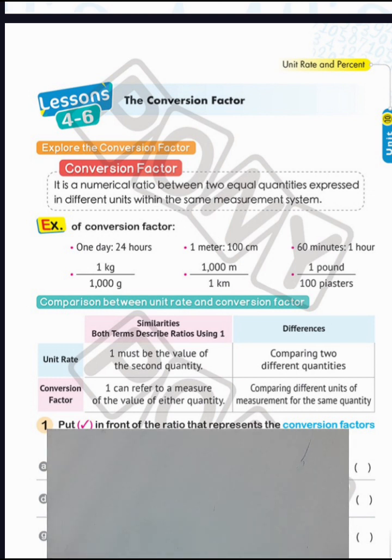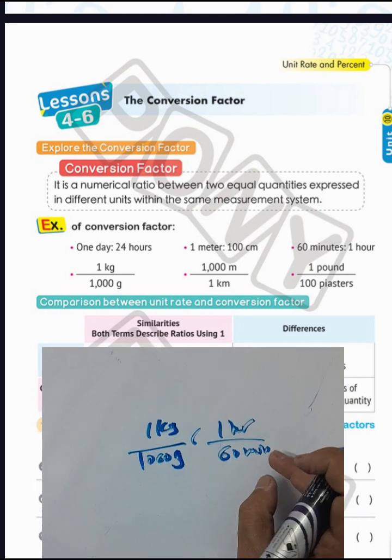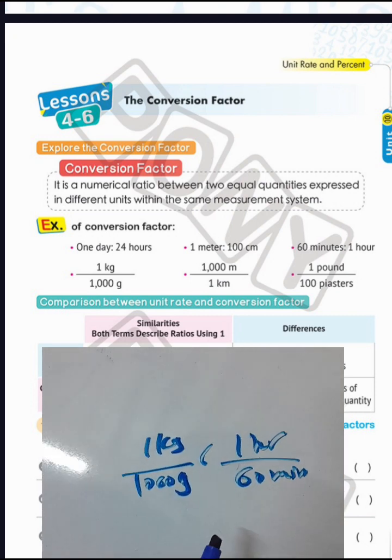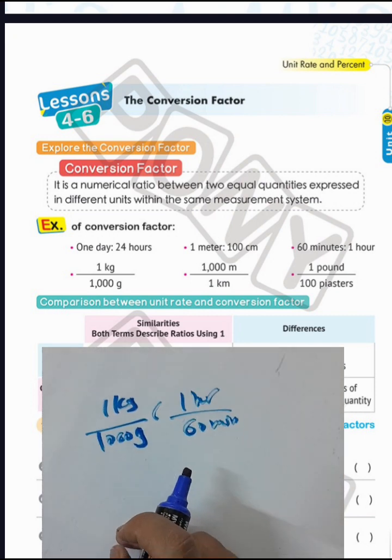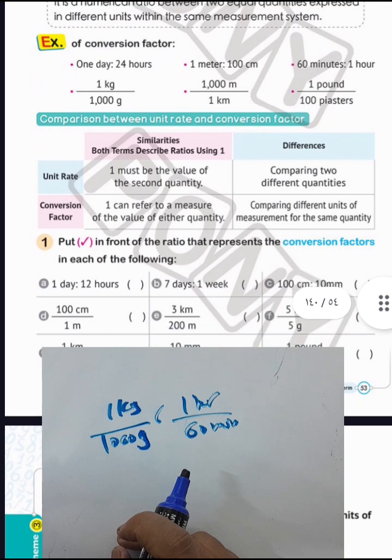Such that we can write 1 kilogram over 1000 grams, or you can write 1 hour over 60 minutes. Numerator is equivalent to denominator in the result, but we have different units within the same measurement system. We call it a conversion factor.